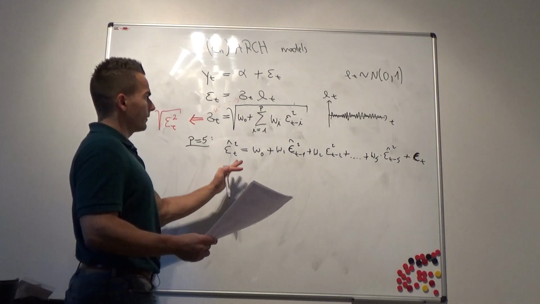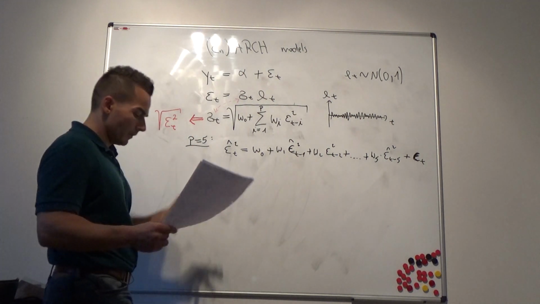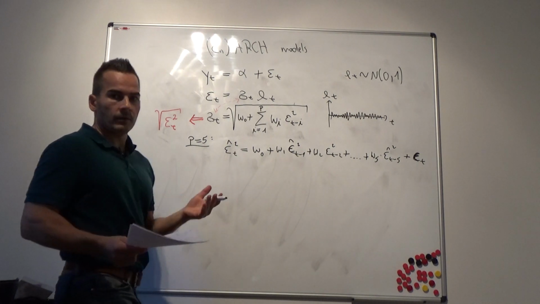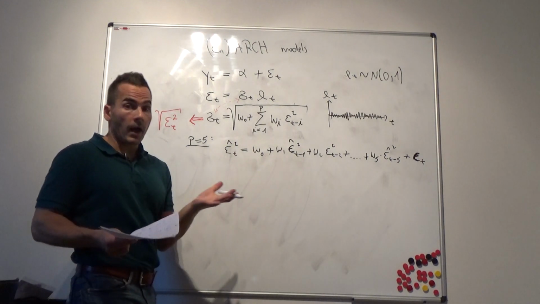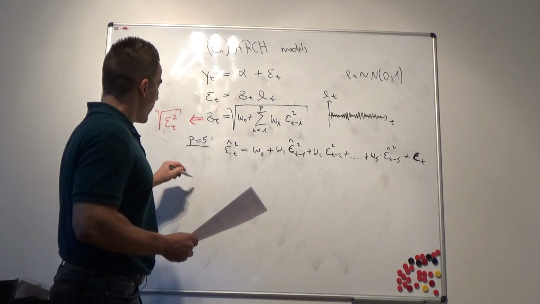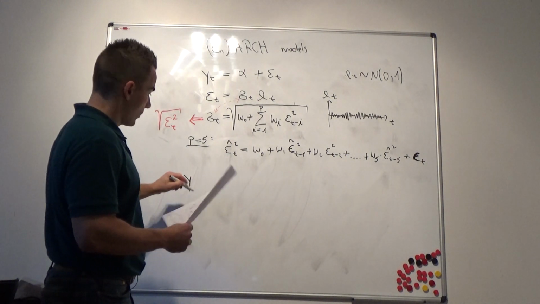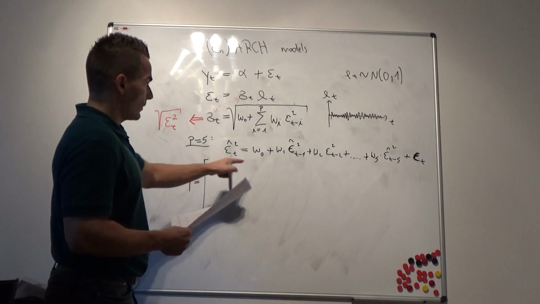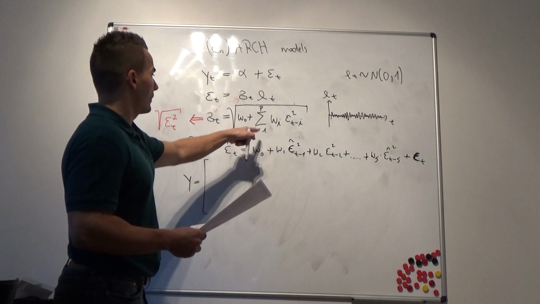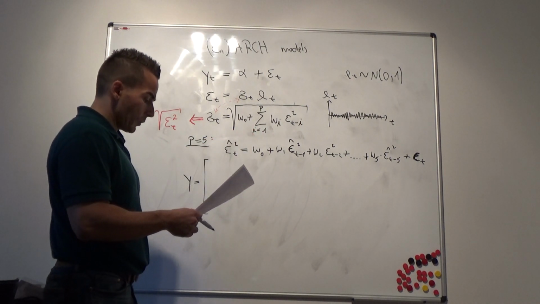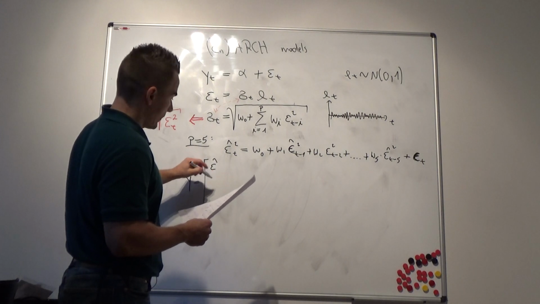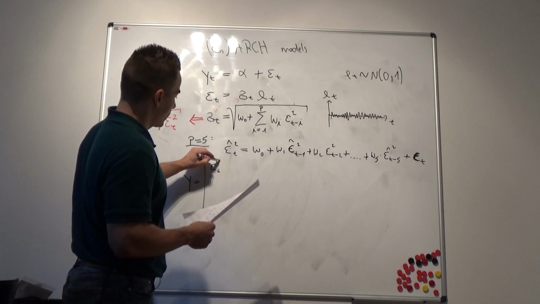That basically models the conditional second moment. We have to translate it again to our standard regression model, y, X, and so on. So our y vector is now given by, because we have 5 lags here in the equation for the variance, we have to start with epsilon 6 hat squared.